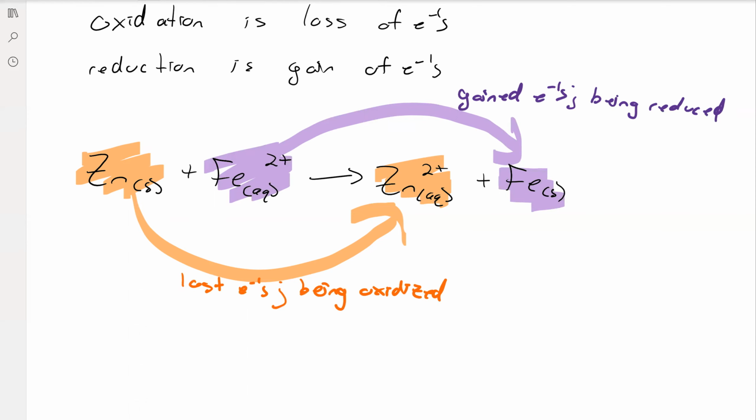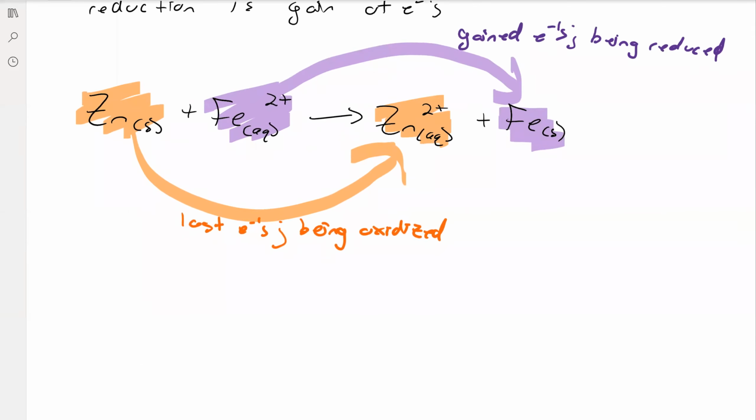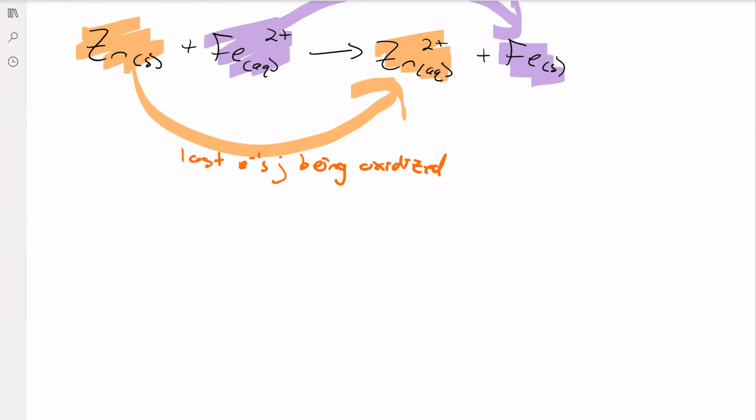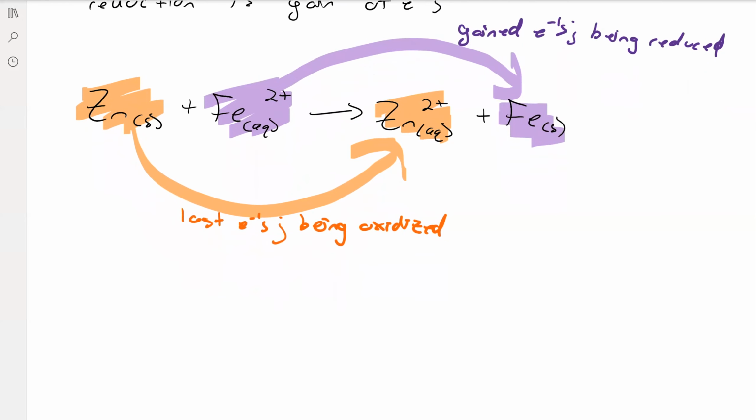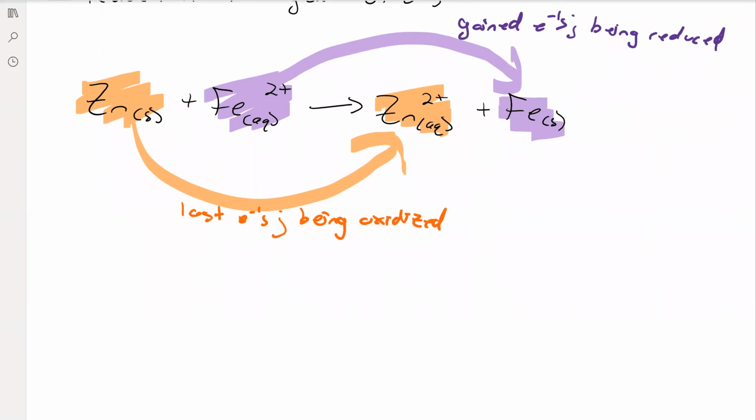Now, here's where things get a little bit more confusing. Instead of talking about what the element is undergoing itself, we often talk about what the element is doing to something else. So instead of saying something is being oxidized or being reduced, we say that something is acting as an oxidant or reductant.